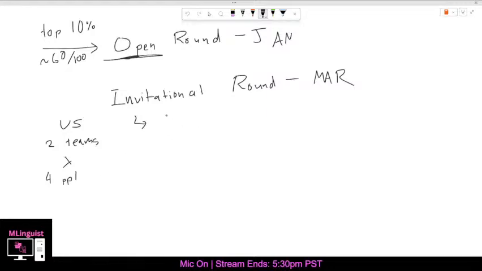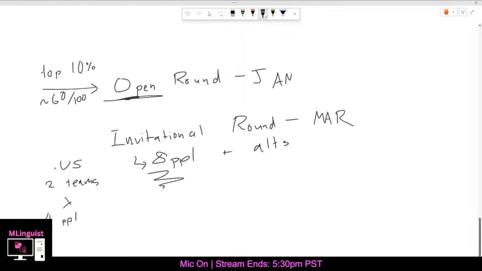So that means a total of 8 people. The top 8 will be selected from this invitational round, and then maybe there'll be a few runner-ups who will be alternates. So 8 people plus alternates chosen for the actual International Linguistics Olympiad.